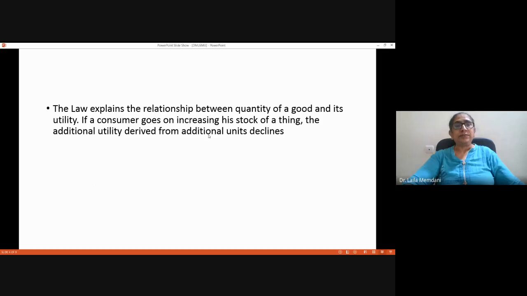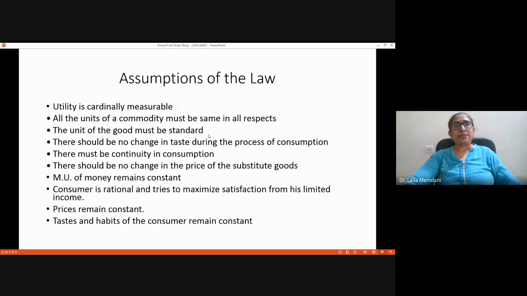Assumptions of the law. The utility is cardinally measurable, which I have already explained. We can assign numbers to the utility. All the units of a commodity must be the same in all respects. Like if you are eating parathas, the first unit you have is the one which is made at home, but the second paratha you get from a good restaurant.